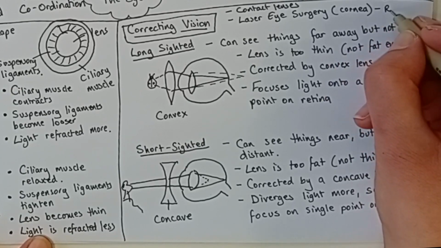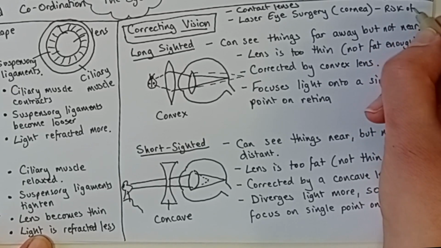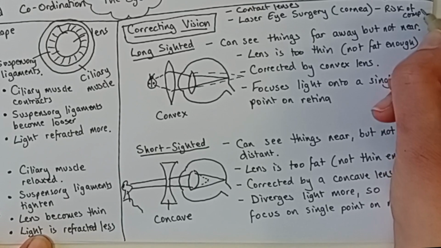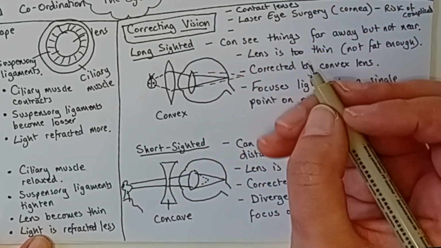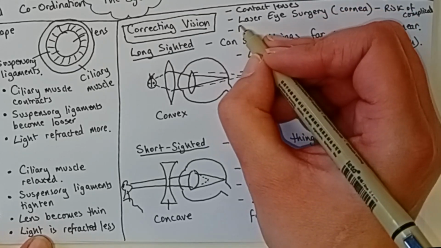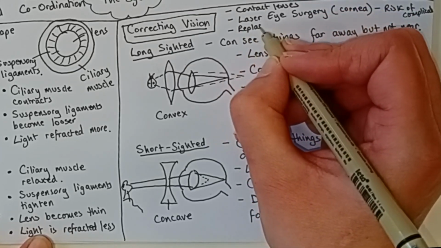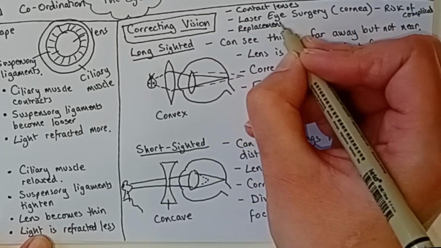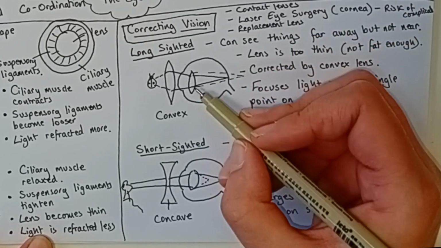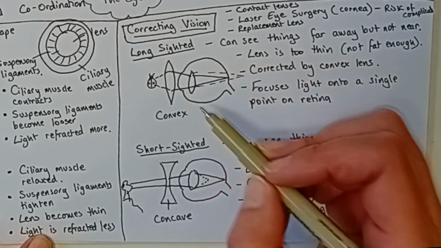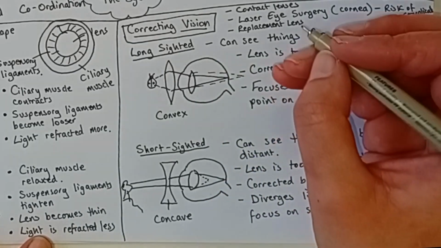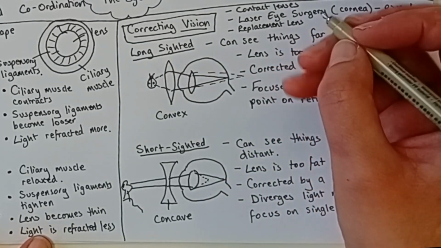There is a risk of complications with that. But you can also have replacement lenses, which is when a new plastic lens is put inside your eye, but you've got to get in your eye, so that's surgery. So there's a risk of infection.